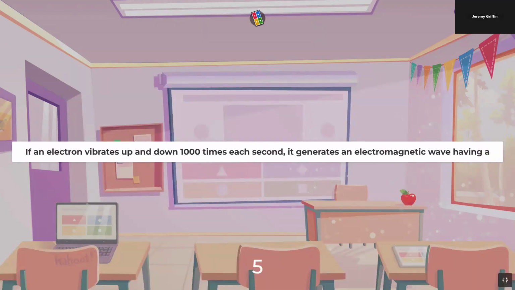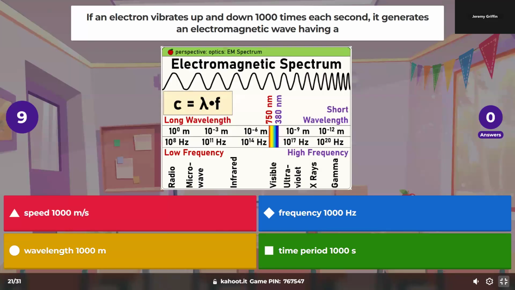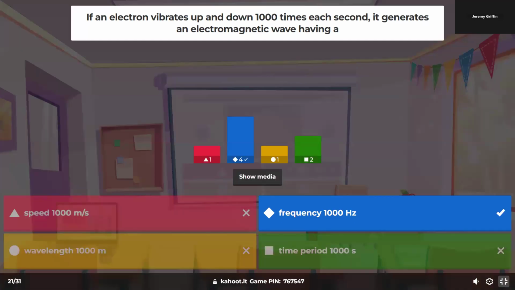An electron vibrates up and down 1,000 times per second. What's that called? Yeah, frequency is 1,000 hertz. Okay.